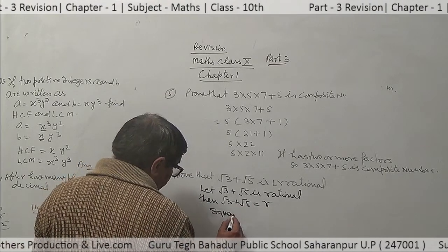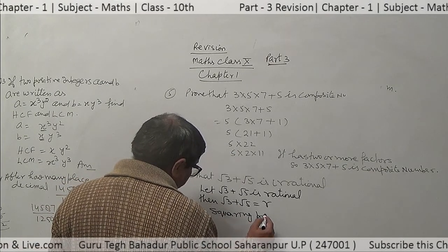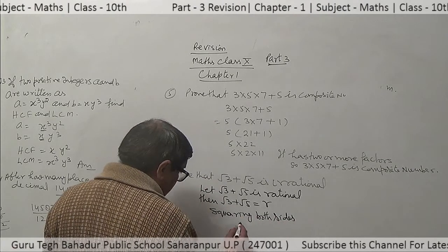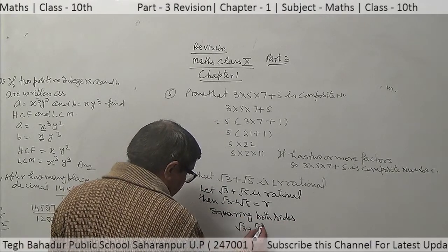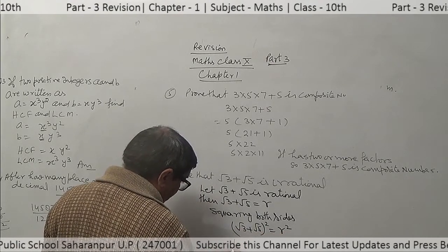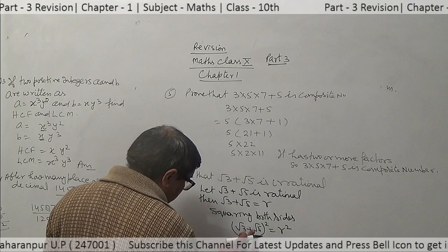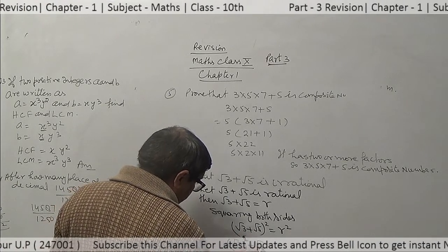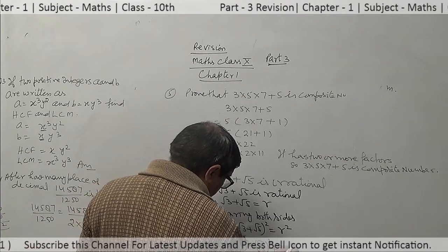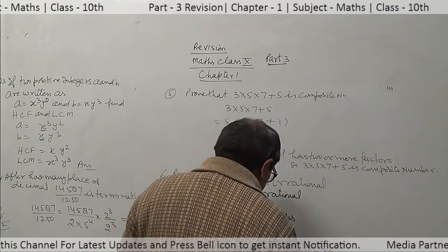Squaring both sides, root 3 plus root 5 whole square is equal to r square. Root 3 square plus root 5 square plus 2 into root 3 into root 5 is equal to r square.